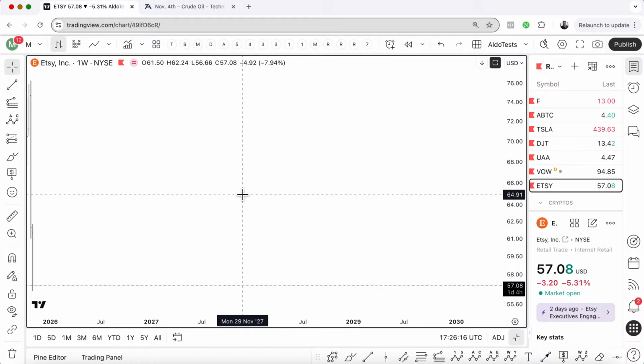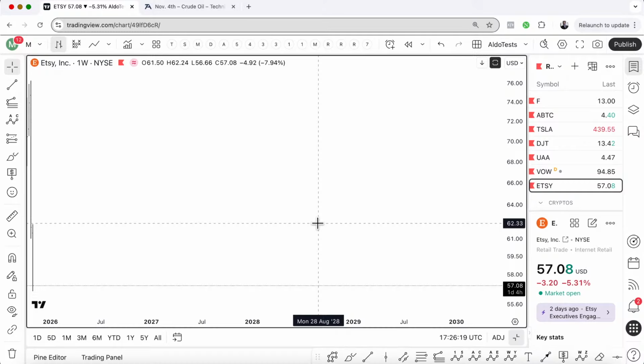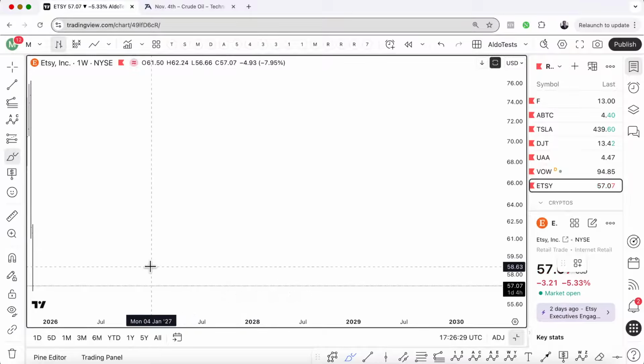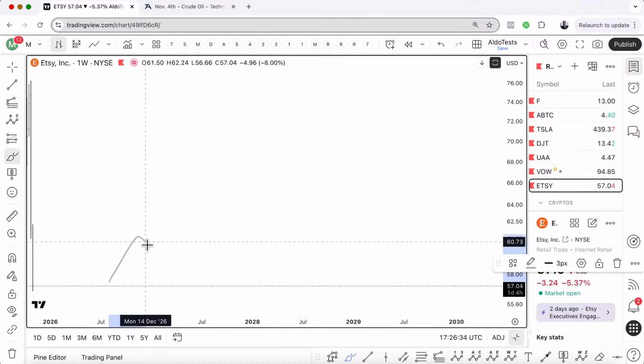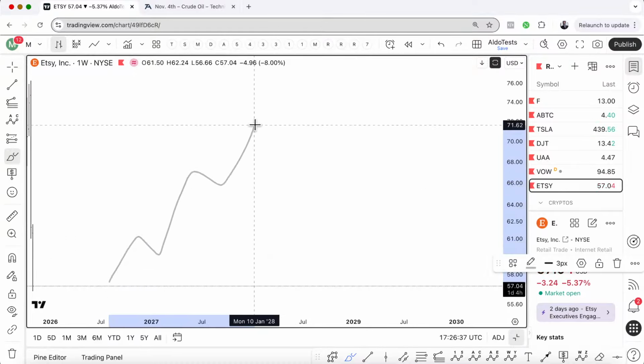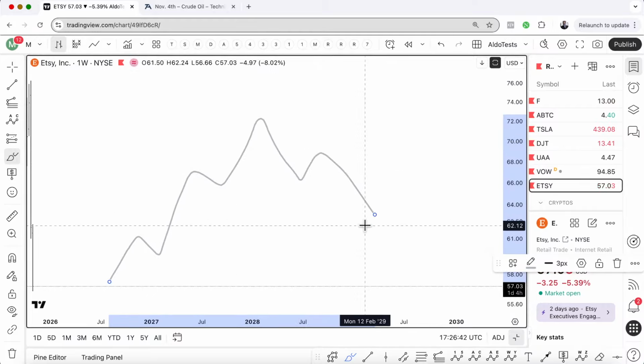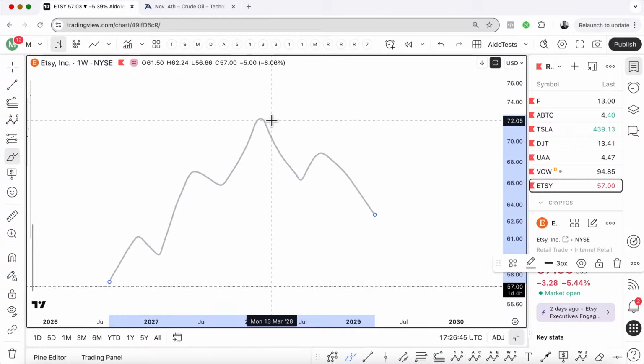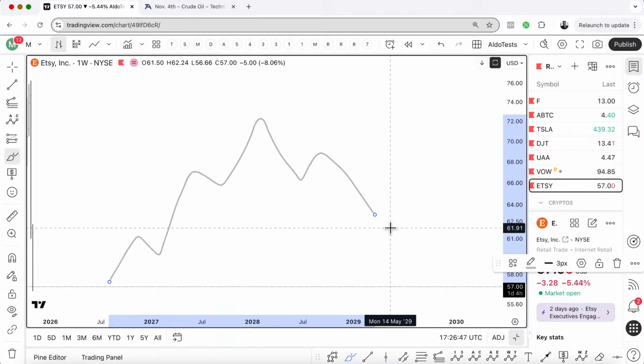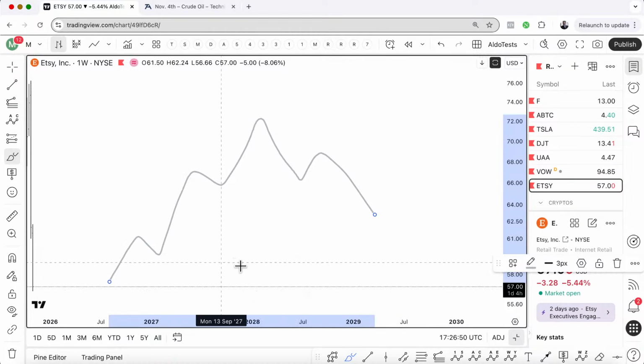So let's talk about that precisely. Let's talk about what it is that we trade using the wave principle. Well, let's go back to the original lesson, right? We had the core pattern, which is an 8 wave cycle. 1, 2, 3, 4, 5, A, B, C. And we said that this is the whole wave principle.